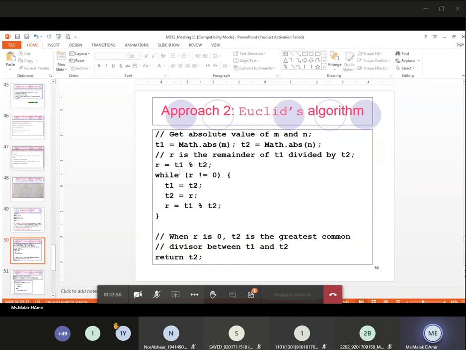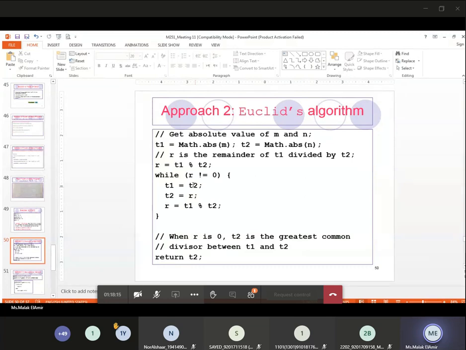Again, if it is not 0, T1 will take T2, and T2 will take the remainder, and the new remainder will be the calculation of T1 modulo T2, until it is equal to 0. In this case, where R is 0, T2 is the greatest common divisor between the two numbers.